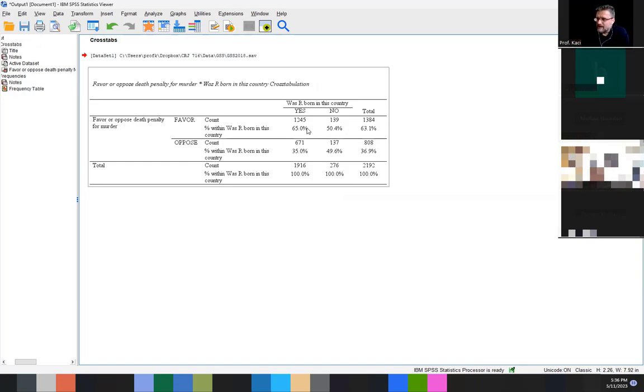So this difference turns out to be, in statistics, a value called epsilon. Okay, so let's look at this epsilon. 65 minus 50, it's almost 15%, 14.6%. So that is actually a rather large difference.